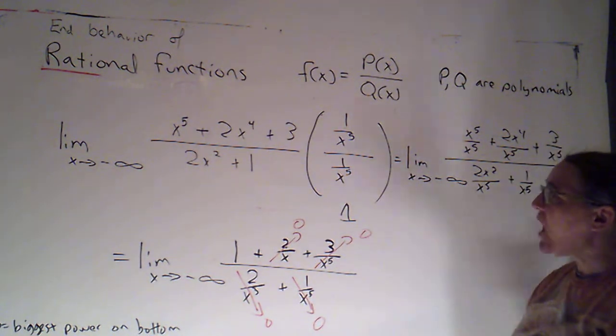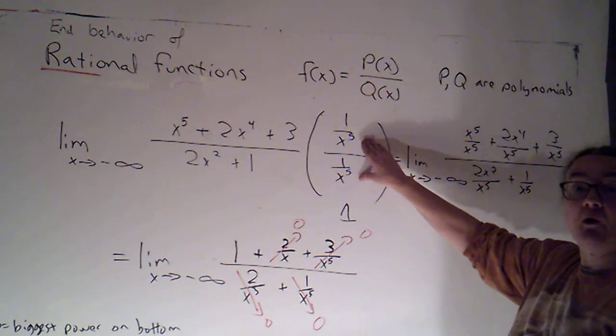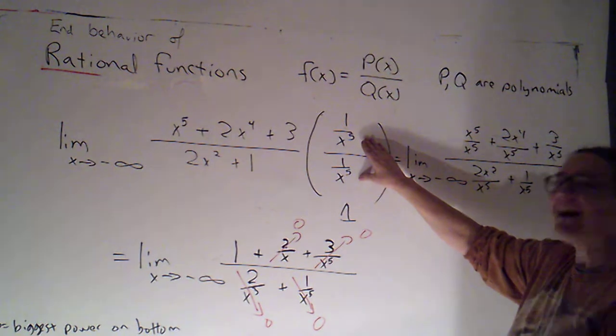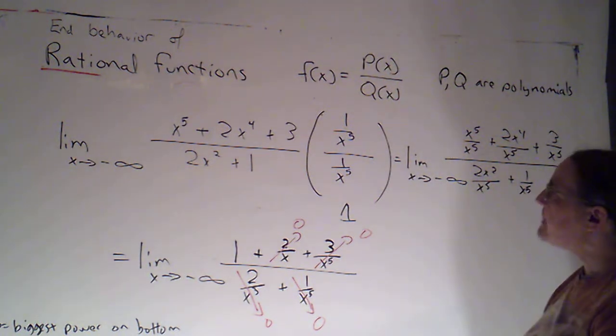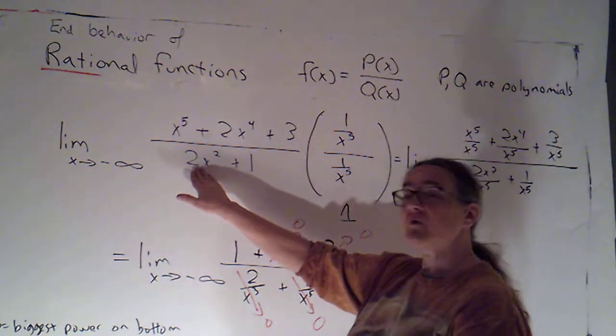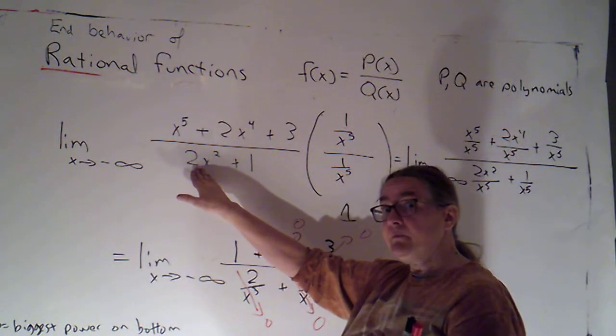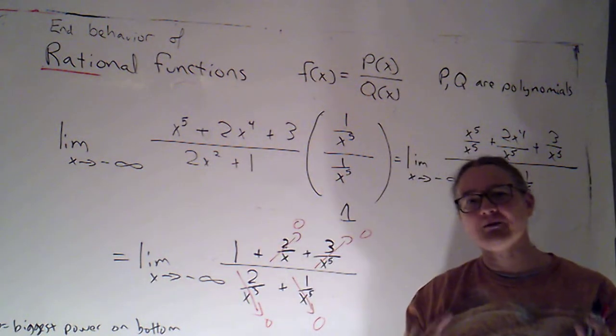So that's why I want to avoid using the biggest power on top unless it happens to agree with the biggest power on bottom. If I multiply by the reciprocal of the biggest power on bottom, that ensures that the lead term on bottom, when I multiply by the reciprocal of the power, becomes a finite non-zero number.